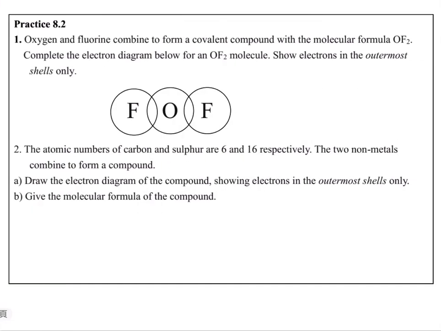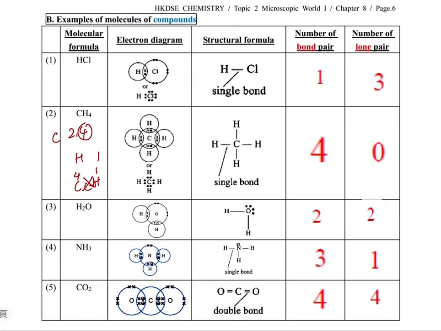For carbon dioxide, let me use another page here. Firstly, we work out the formula. Carbon is 2, 4, and then oxygen is 2, 6. For carbon, lacking 4 electrons, and for oxygen, lacking 2.